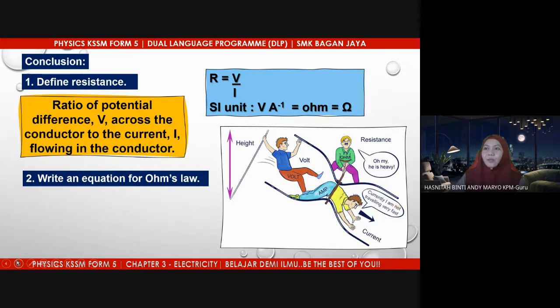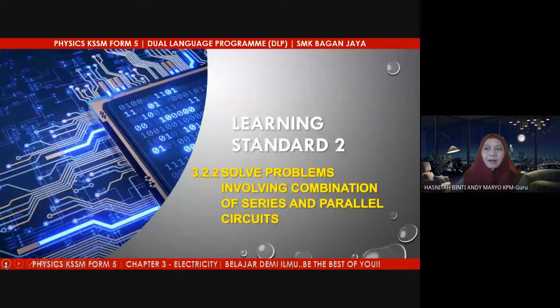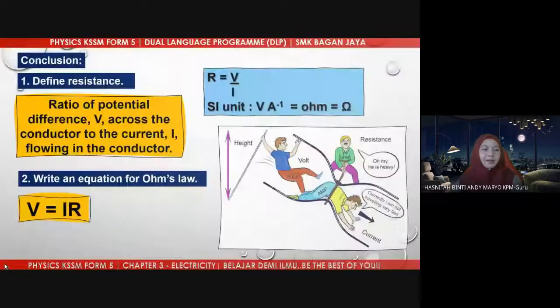And what is the equation for Ohm's law? Students have to write the equation for Ohm's law. So Ohm's law, V equals IR, where V is potential difference, I is the current, and R is the resistance.